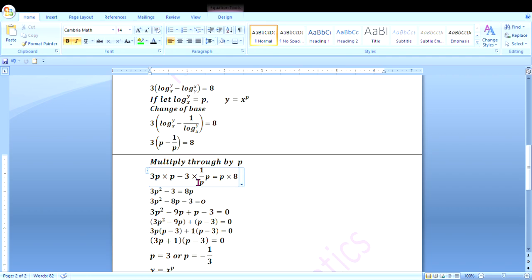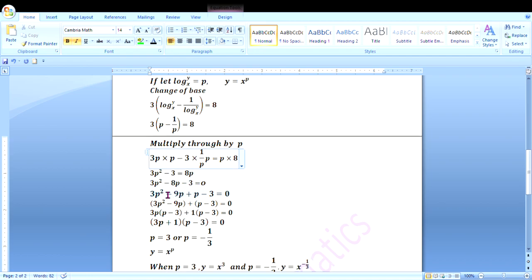So the whole expression p cancels p here, 3p times p becomes 3p squared, and 8 times p equals 8p. So the whole expression becomes 3p squared minus 3 equals 8p.